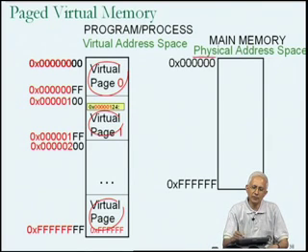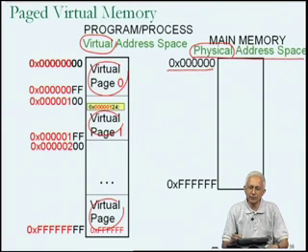So the physical address space is the range of main memory addresses which actually exist, hence the name physical. It's a real thing as opposed to virtual, which is artificial or imaginary. And for this particular example, I'm going to assume that the size of the physical address space is such that the first address in hex is all zeros, and the last address in hex is FF.